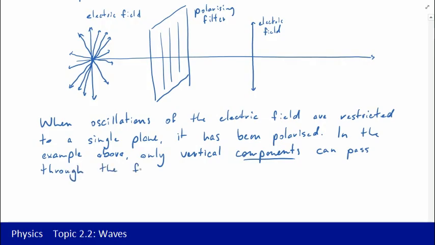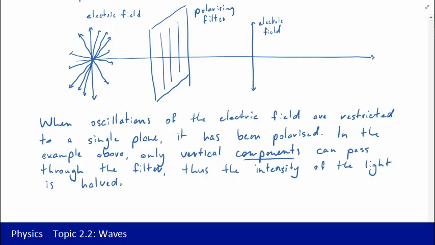So that then means that the intensity decreases by half. Or the intensity of the light is halved in that particular case.